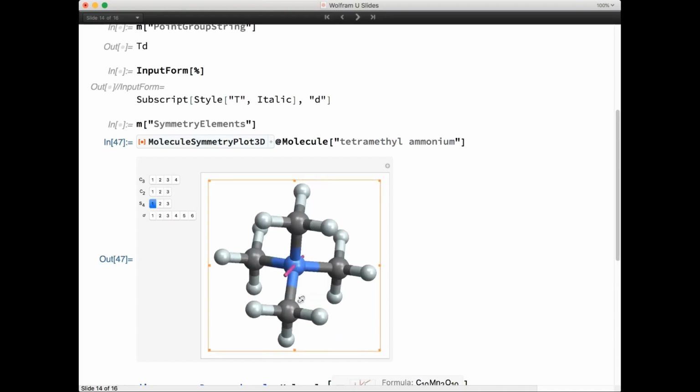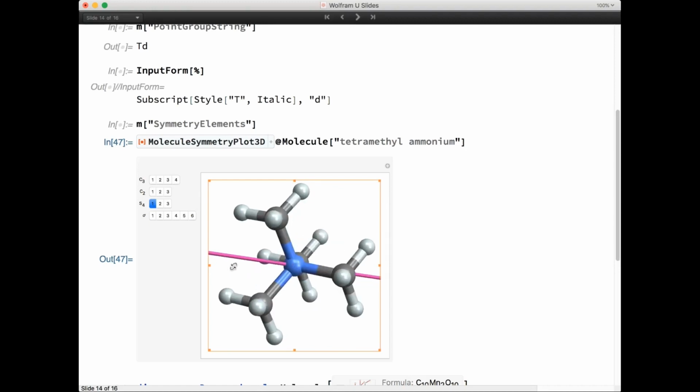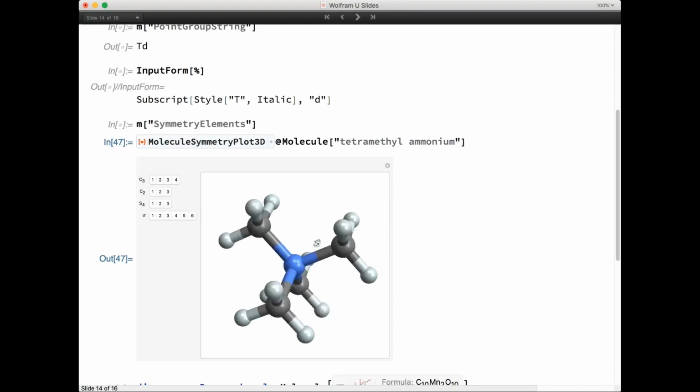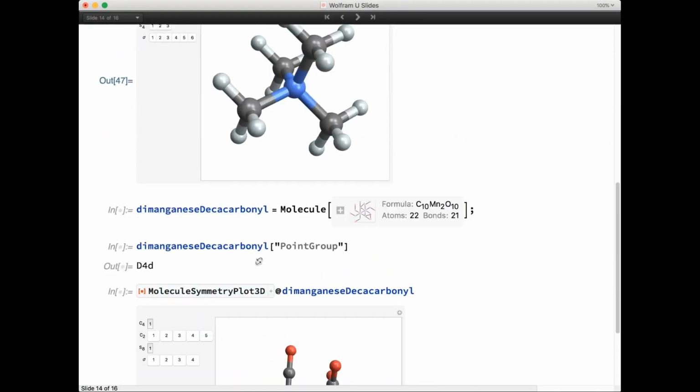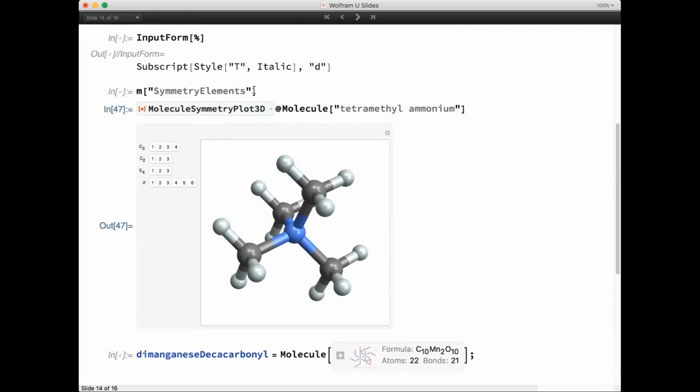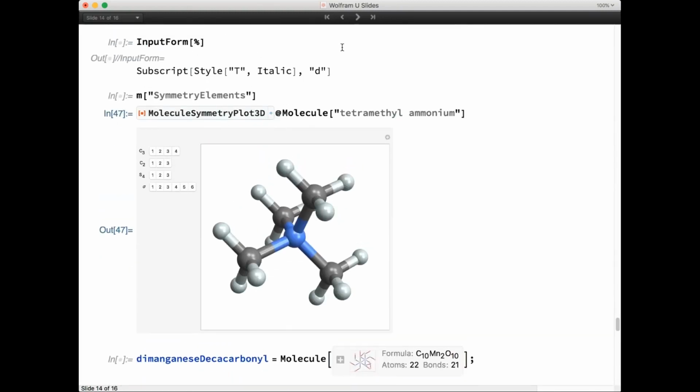What this S4 axis means is that if we do a 90-degree rotation around that axis, and then do a reflection through the plane perpendicular to that axis, we end up with the same molecule. Again, that is a resource function. It's not a system function, but you can use it exactly the same as if it were.